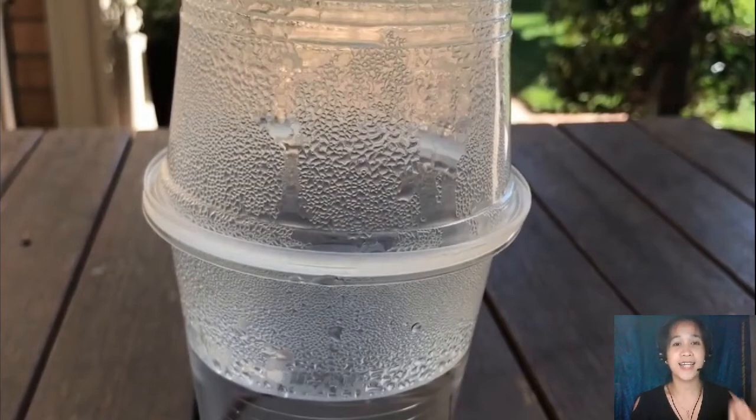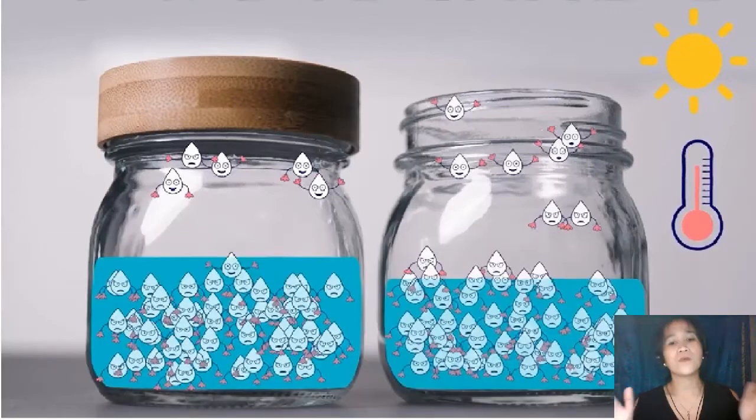Okay, next. So guys, not all of the water changed from liquid to vapor, right? So there was still liquid water left in the glass. Some of the molecules do not have the energy to overcome the forces of attraction of the neighboring molecules.